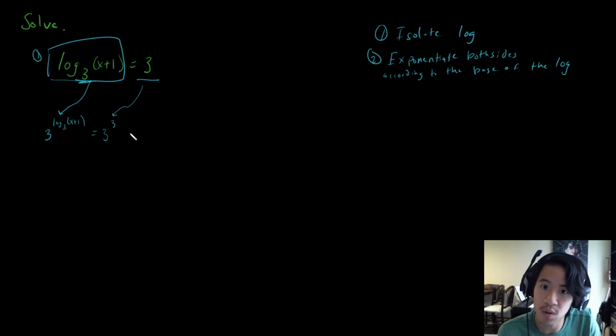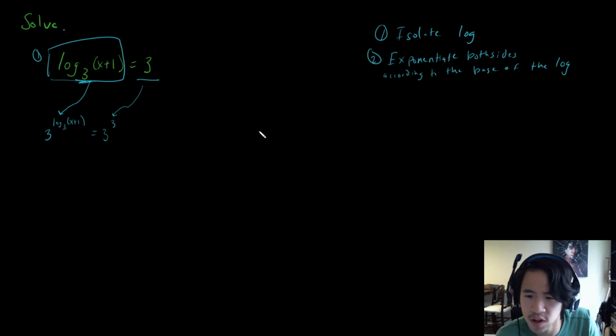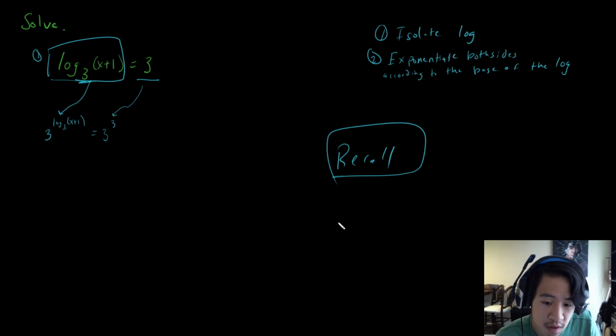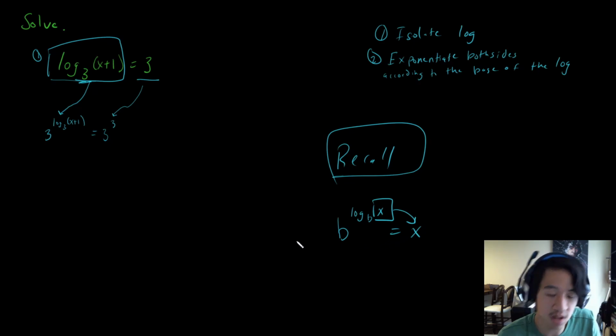The reason why we do this is because of one of our inverse properties. If you recall, you need to know this: if you have b raised to the power of log base b of x, this is just x. So whatever is inside our log, that's what it's going to be equal to.